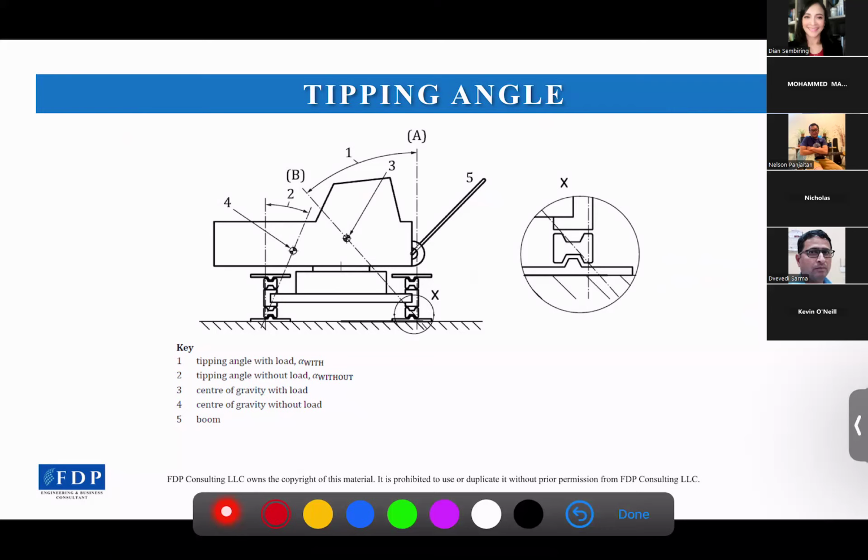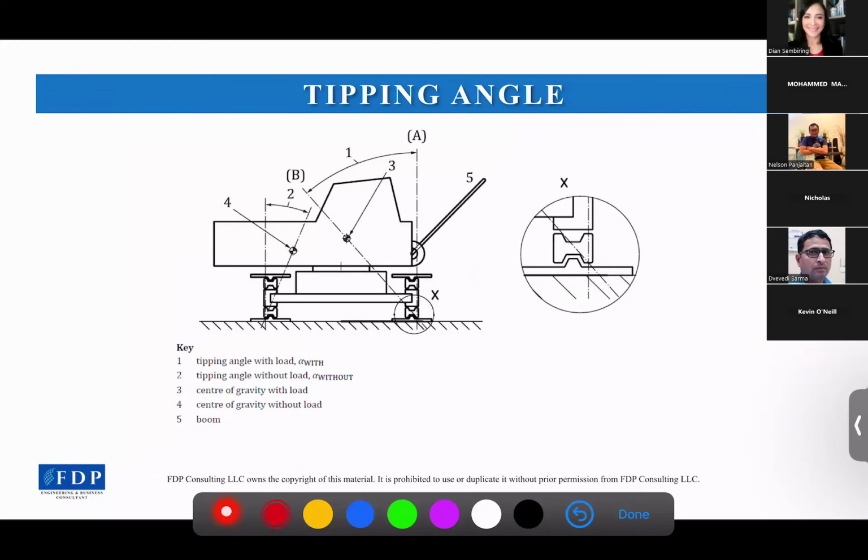So practically, the tilting on the part line of the crane will create another additional moment to the crane's equilibrium also.